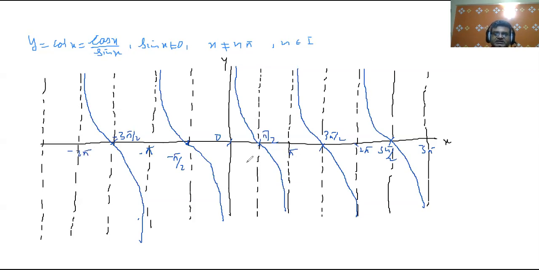So you can see that it is also repeating itself. So here the period is pi, meaning the fundamental period we are talking about. So the graph moves like this in this way. So you must learn these graphs so that you can solve the complex problems of trigonometry.